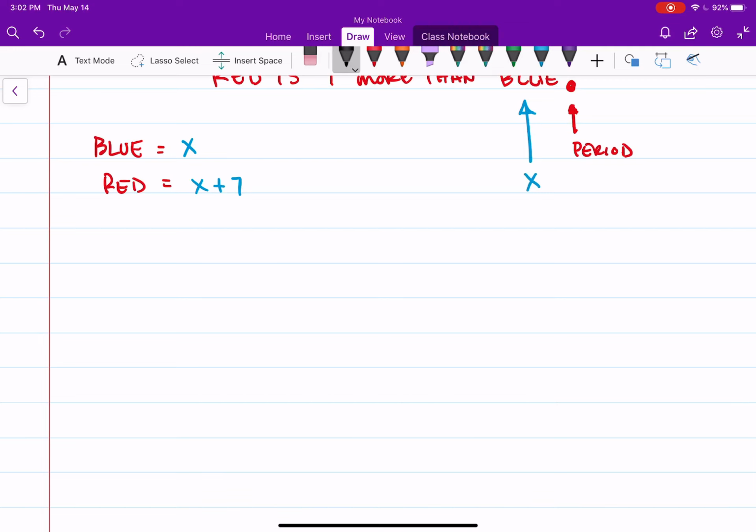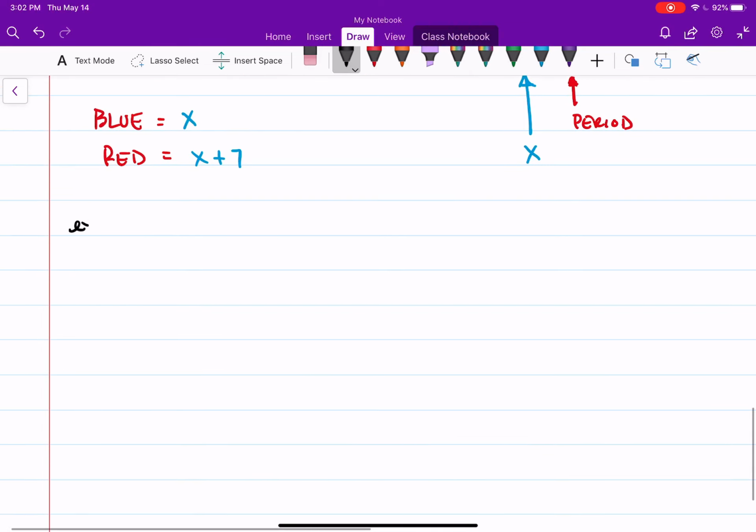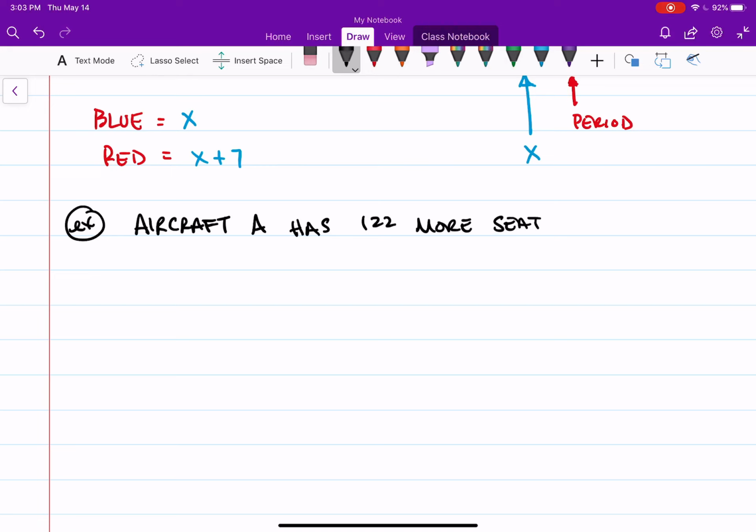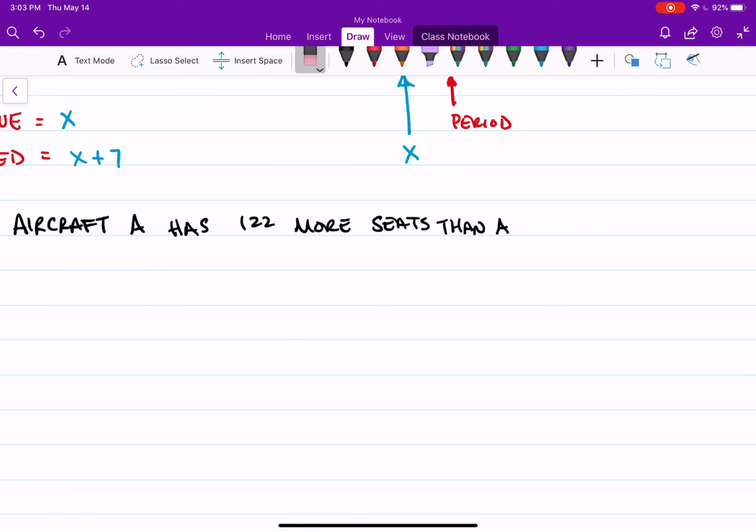So let's say, for example, it says here aircraft A has 122 more seats than aircraft B, period. I wonder what your X is, okay?